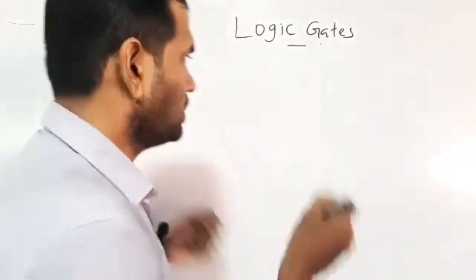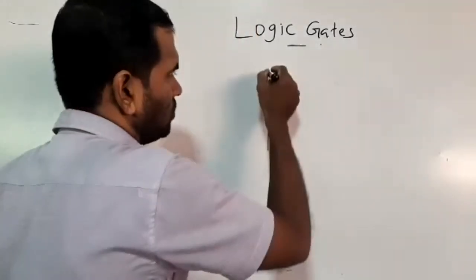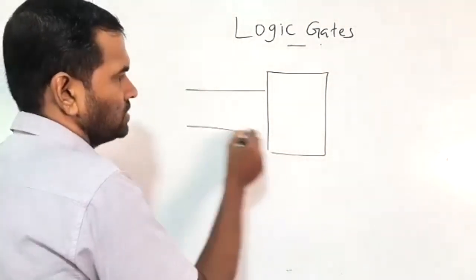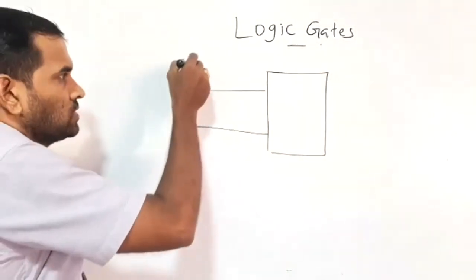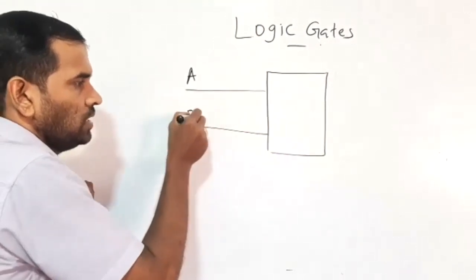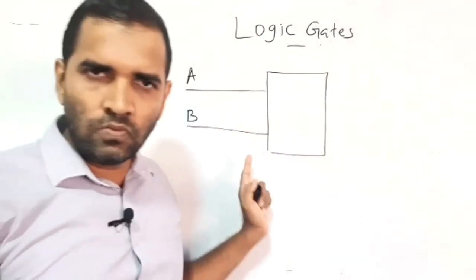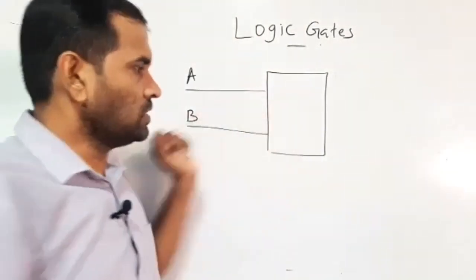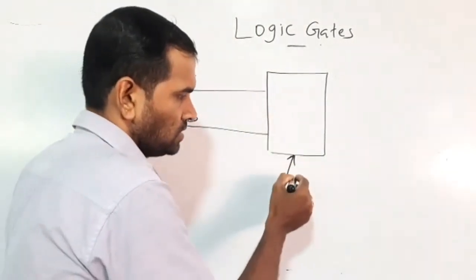I explained this using a block diagram. Two wires, wire A and wire B, are taken to supply the electricity, and this is the logic gate.